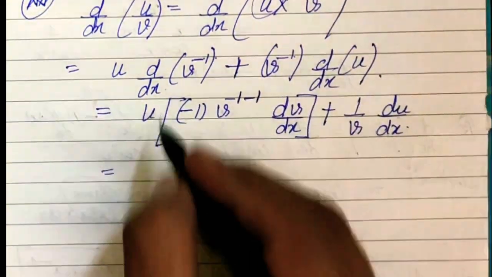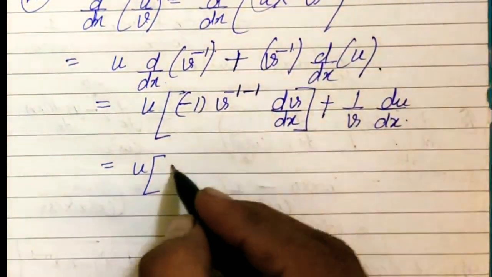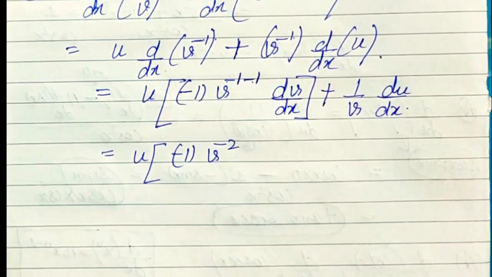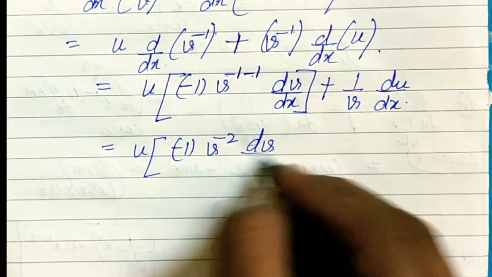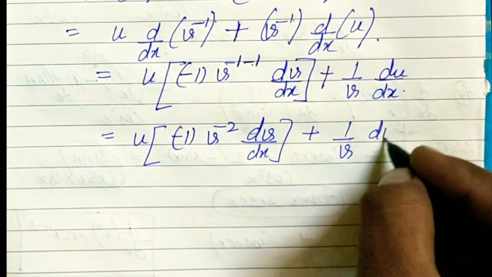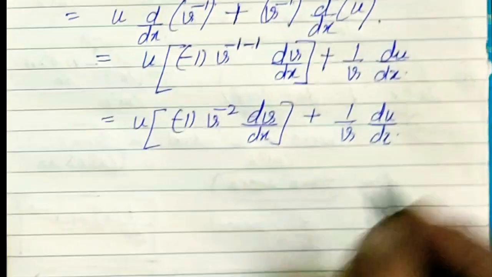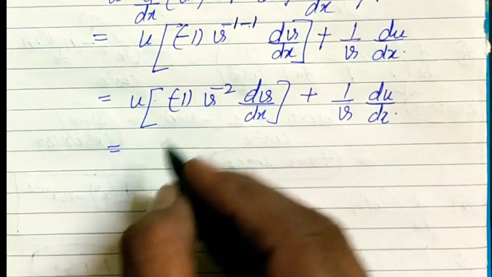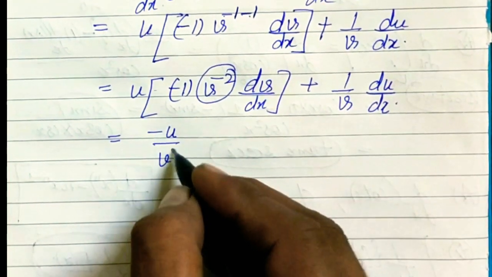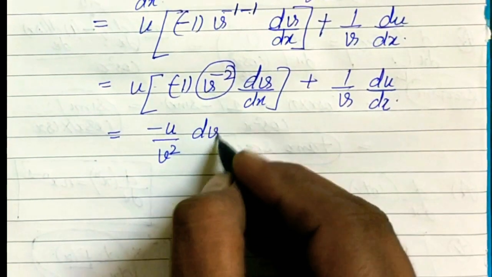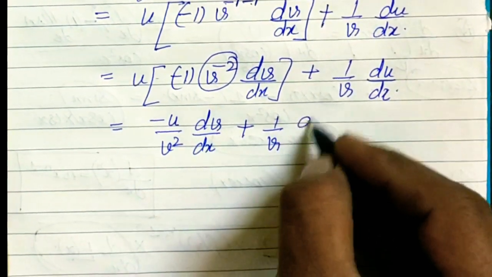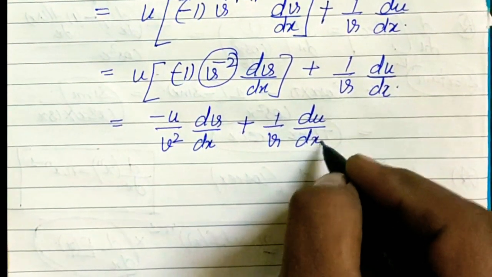Now u is outside, it is minus 1, v to the power minus 1 minus 1 is minus 2, and then it is dv by dx, and then it is 1 by v du by dx. What will become now? Minus u. Now v to the power minus 2 is 1 upon v square. It is dv by dx. The sign is plus 1 upon v du by dx.